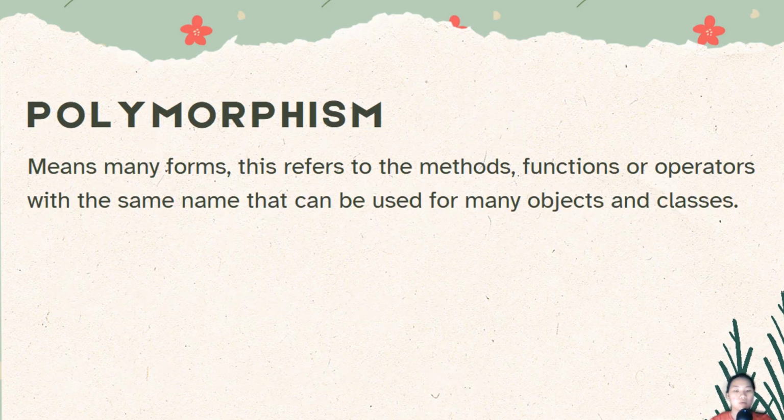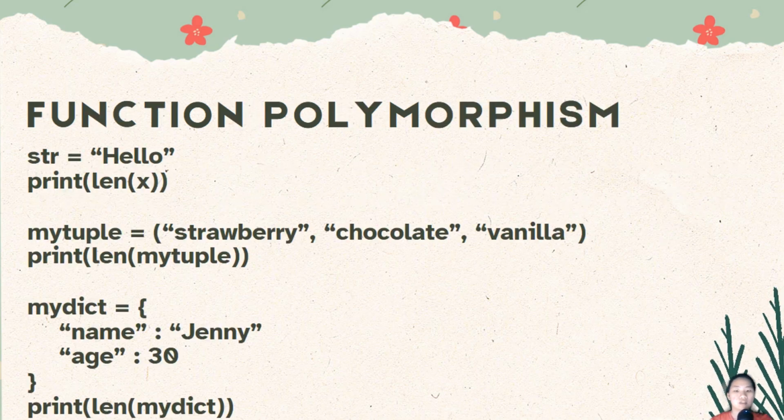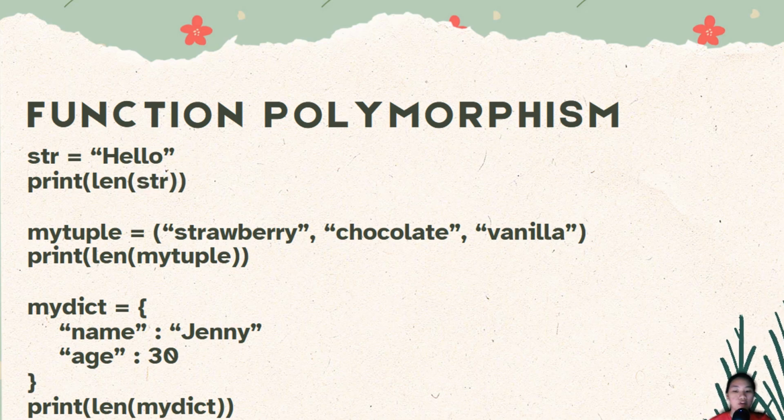Now, polymorphism is simply a property of the methods, functions, or operators with the same name that can be used again and again for many objects and classes. All right? For example, function polymorphism. I have a string with hello here, and then I print the length of the string, okay?